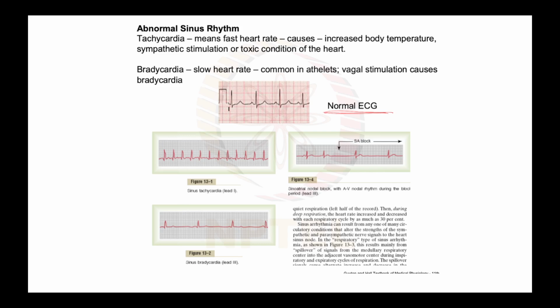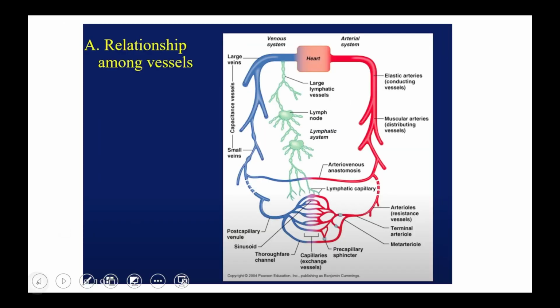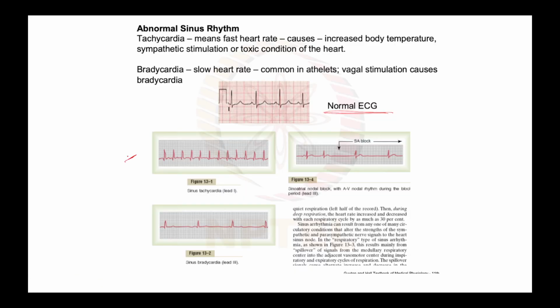By seeing an electrocardiogram, you can depict the condition or the rhythm of a person's heart. Compared to this electrocardiogram, if you see this, there is a huge gap between each rhythm, which is referred to as bradycardia.